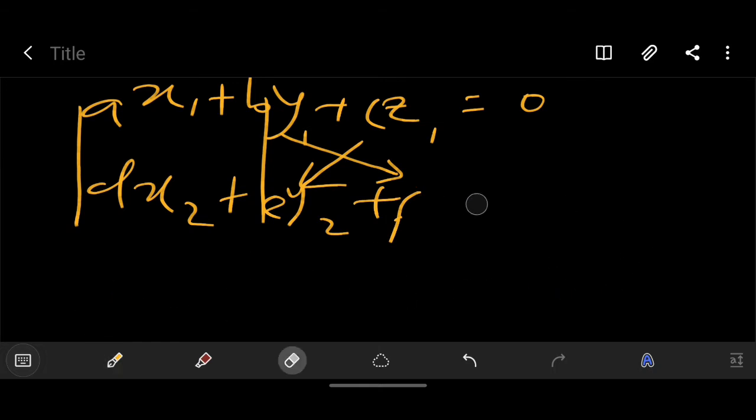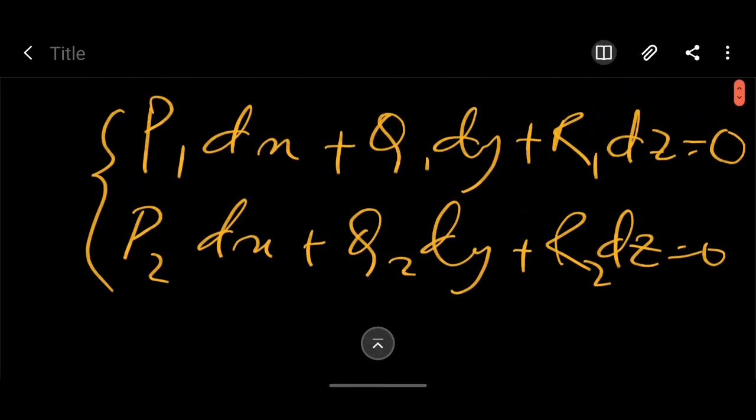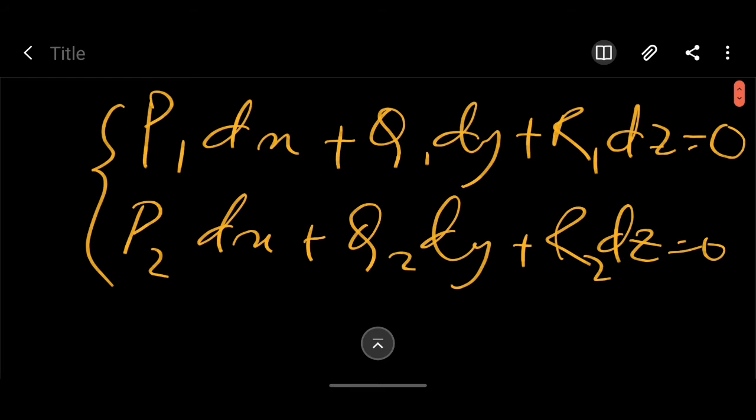Now we do just the same, but with the coefficients of the derivatives. We want to find the denominators of dx, dy, and dz.